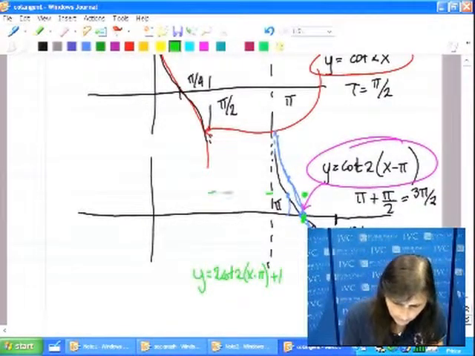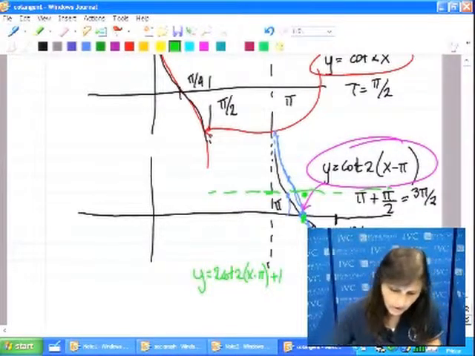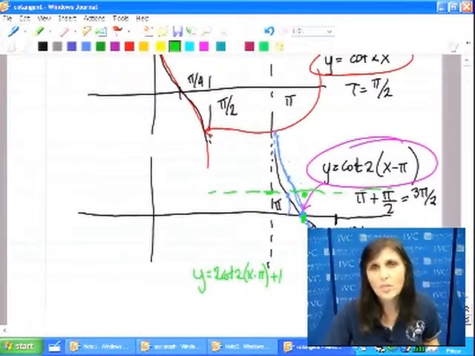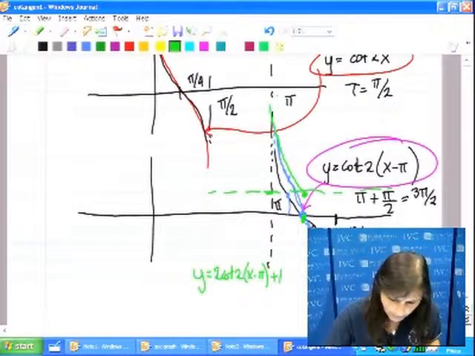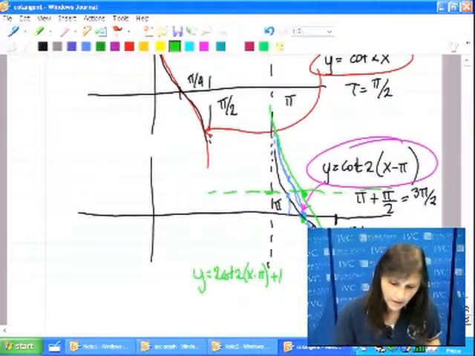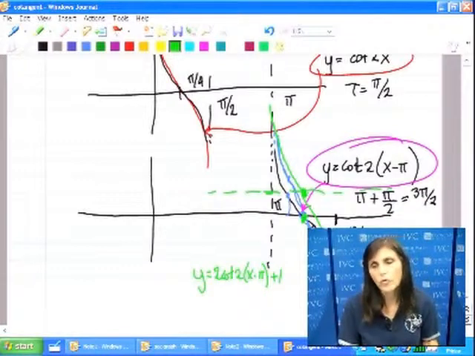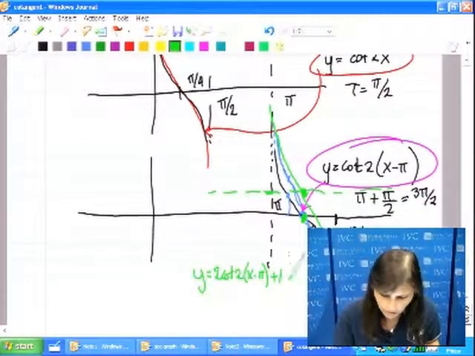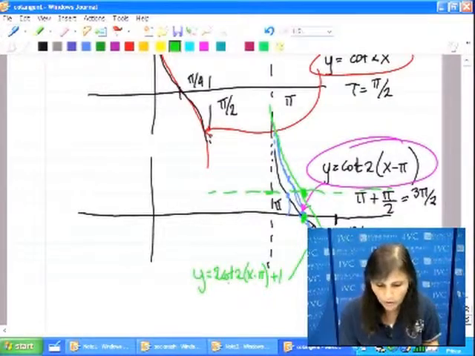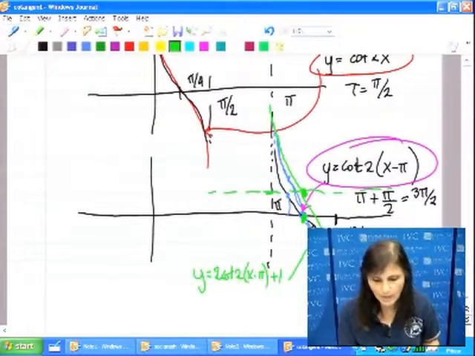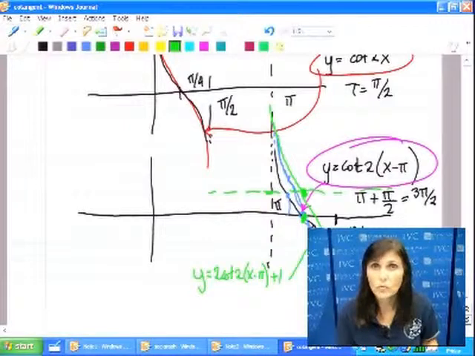So here's my plus 1. It's going to have the same shape as the blue, pretty steep, but this point is going to move up to 1. And so this is the picture of 2 cotangent of (2x minus pi) plus 1.